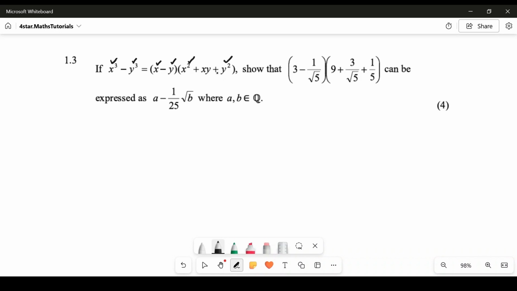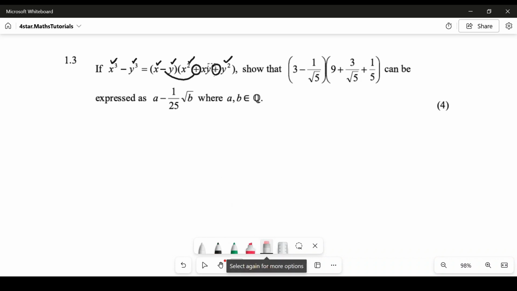Then we know that, for a difference of two cubes, the sign is always positive, and this other sign is always the opposite of the sign of the first factor. To get the middle term of the second factor, we multiply x with y, and we get xy as the middle term.